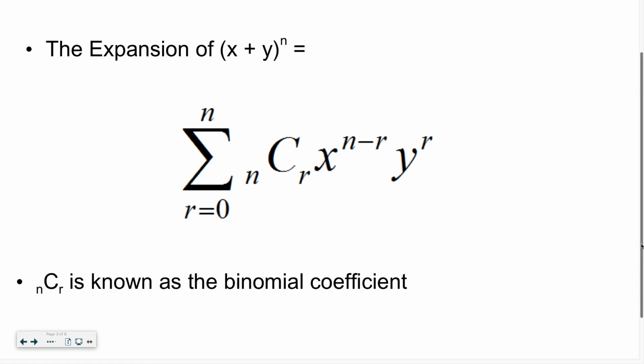So, like if we have n as the 4th power up here, then we're going to start out with x to the 4th power, y to the 0 power. And our next term would be x to the 3rd power, y to the 1st power. And then our next term would be x squared, y squared.